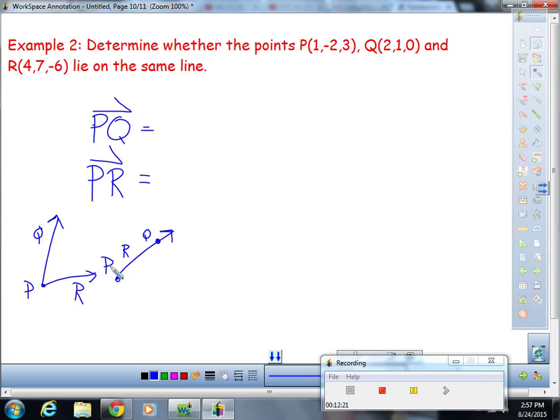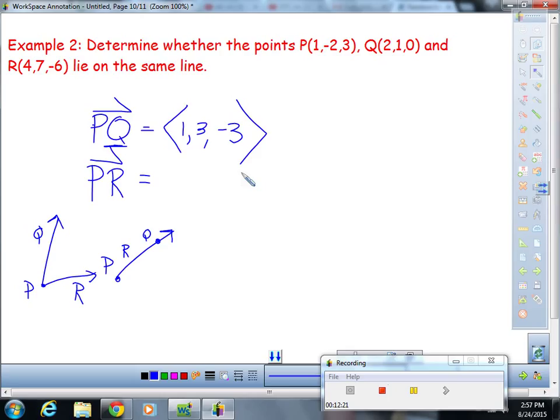So, we know that PQ is, Q is the terminal point, don't forget, so I've already messed this up once. So, we got to do terminal minus initial. So 2 minus 1 is 1. 1 minus a -2 is 3. 0 minus 3 is -3. So I believe that is PQ.